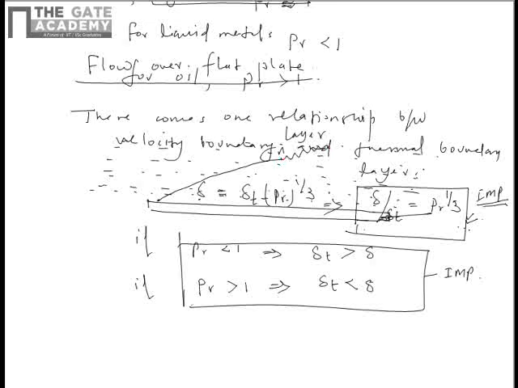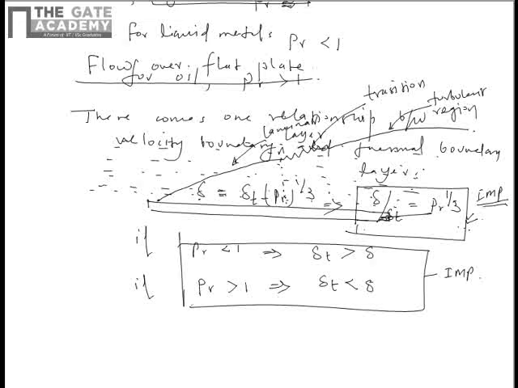So there will be laminar flow in this region, let us say this is the laminar region. After laminar, we will have one transition region, and the final one will be the turbulent region.